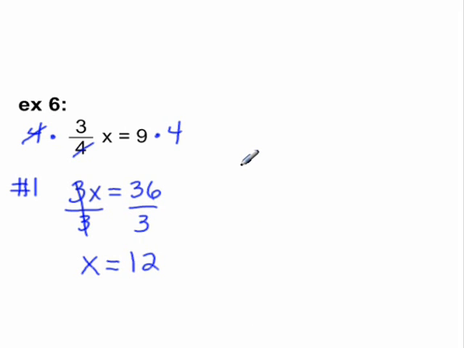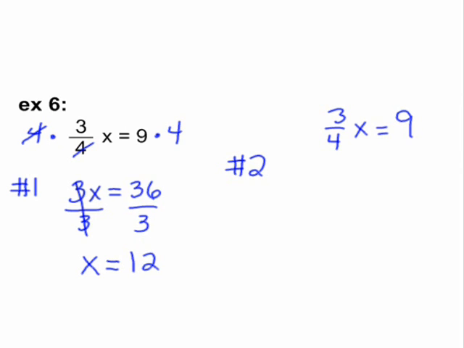A second way that some of you may like better, and let's see, I'll rewrite this right here. We have multiplication between the fraction 3/4 and x. The opposite of multiplication is division.